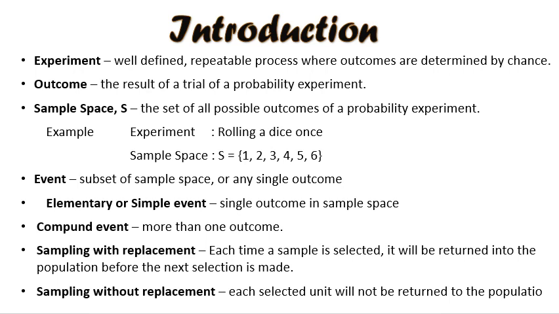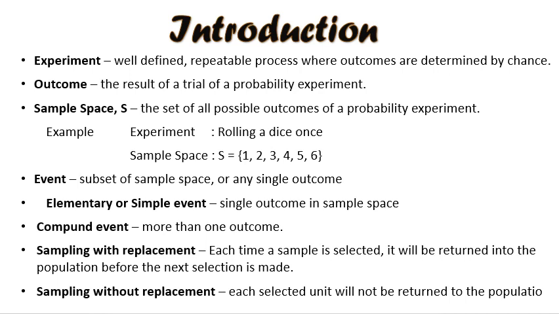Sample space, we denote by S, the set of all possible outcomes of a probability experiment. For example, the experiment is rolling a dice once. Sample space is 1, 2, 3, 4, 5, 6.